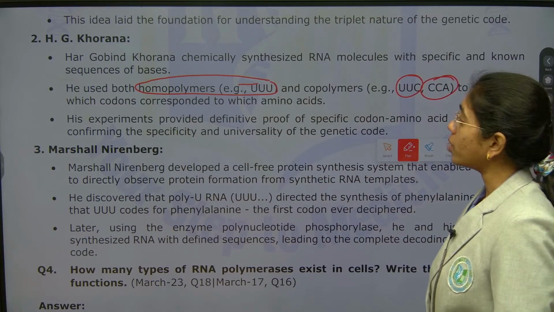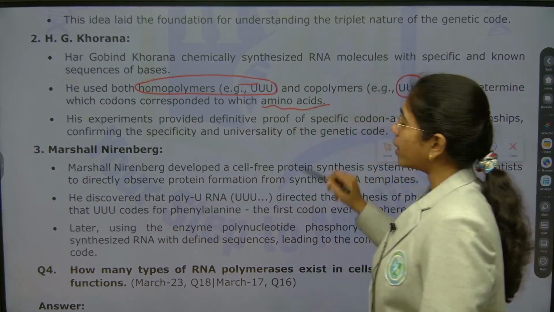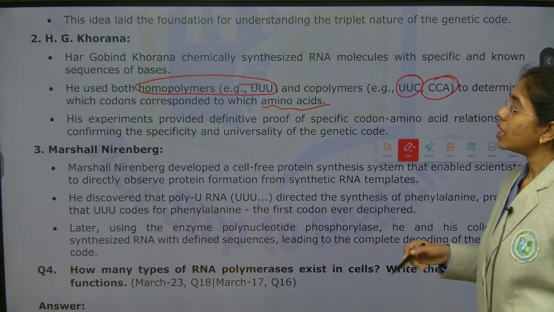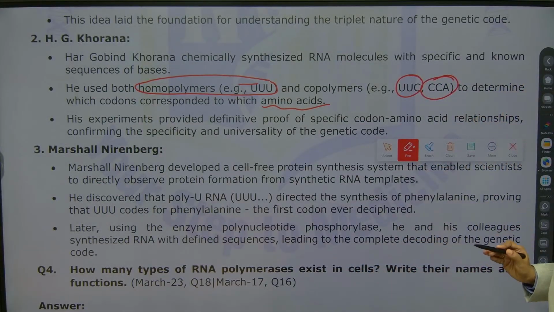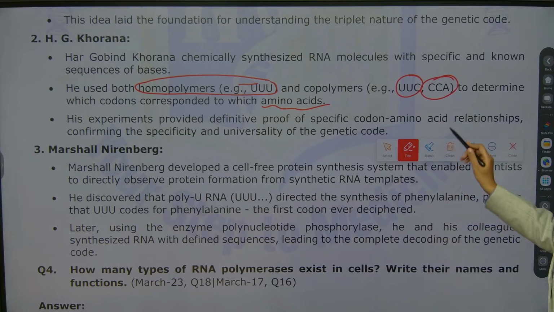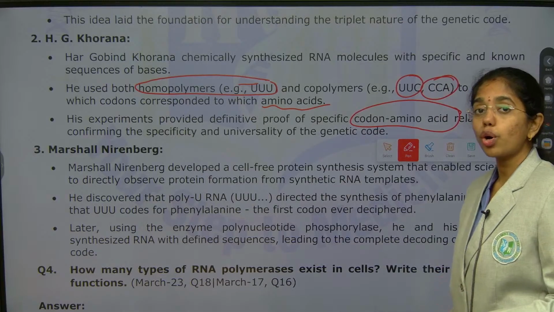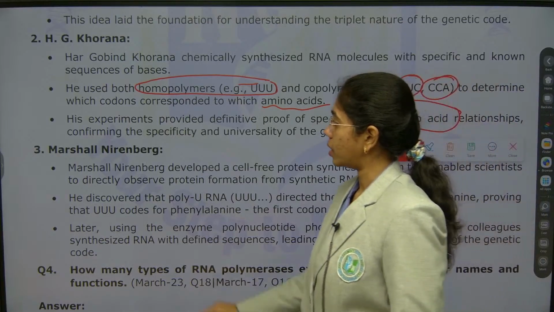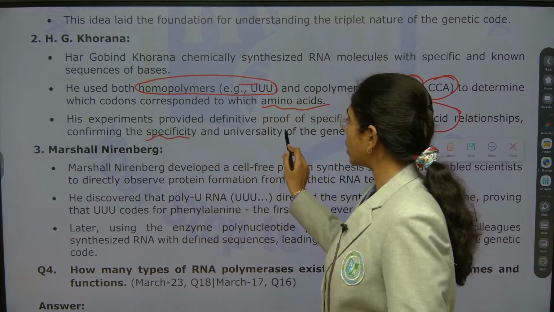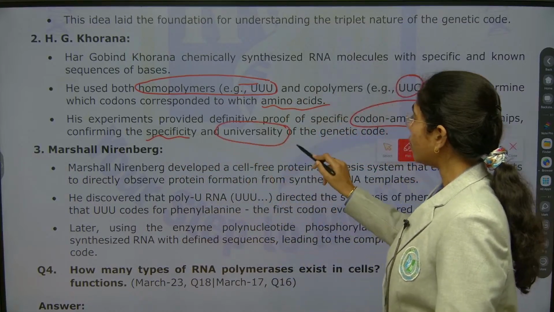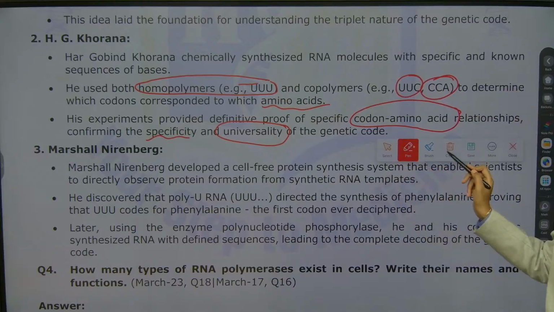This will determine the code corresponding to the amino acid. His experiments provided definite proof of the specific codon-amino acid relationship. He has decoded which codon is coding for what amino acid, confirming the specificity and universality of the genetic code.